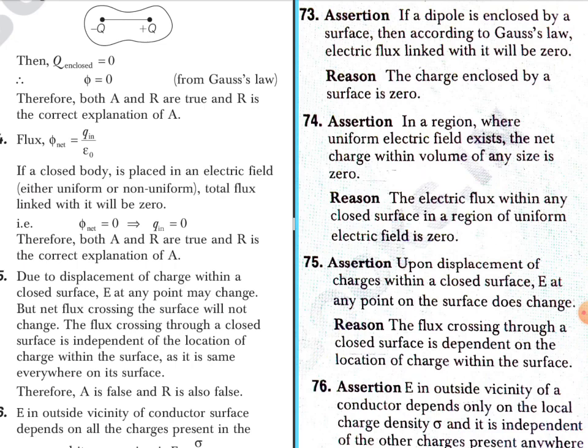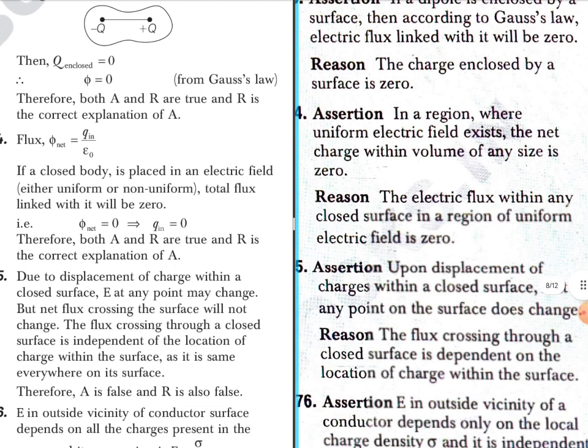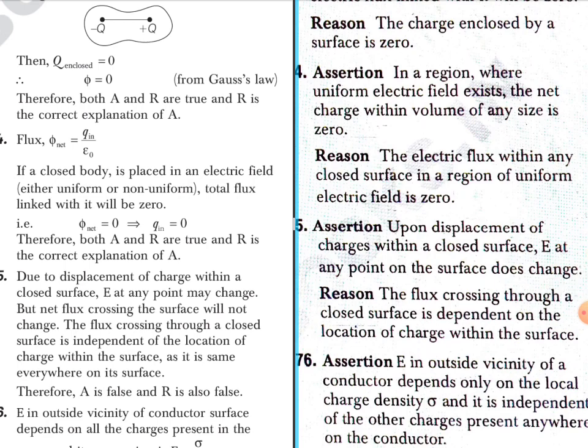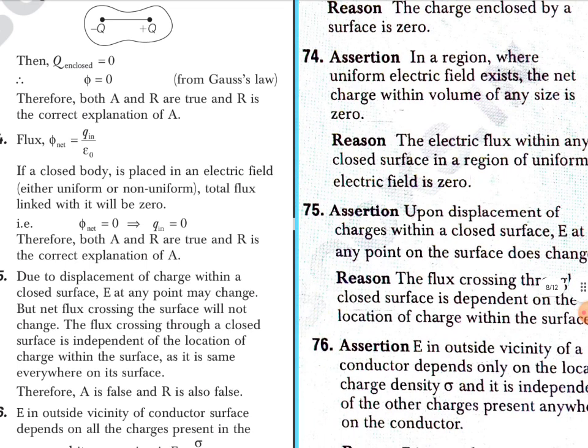The electric field would have emanated from a charge, but where the electric field exists there will be no charge, and hence the net charge within a volume of any size will definitely be zero. And the reason, the electric flux within any closed surface in a region of uniform electric field is zero, is again true, and that's a correct explanation.